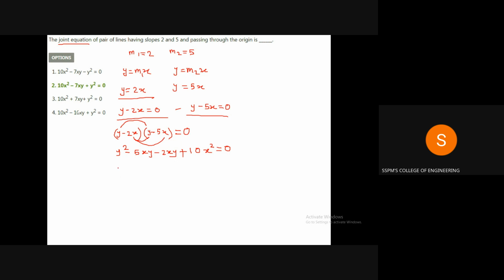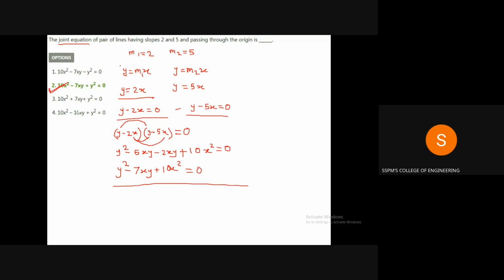So the final equation will be y square minus 5xy minus 2xy is minus 7xy plus 10x square is equal to 0. So this is your answer. Okay, so which is the correct one? Yes, this is just the terms rearranged, like 10x square minus 7xy plus y square. So this is your correct answer.